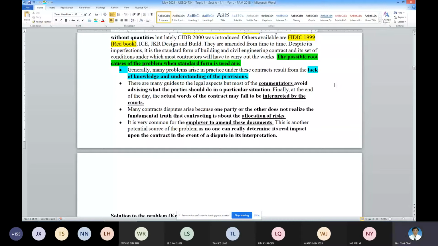And then the third point is the risk aspect of the document. A lot of them don't understand which part belongs to the employer, which part belongs to the consultants, which part belongs to the contractors, and especially the employer. They think they are the paymaster.